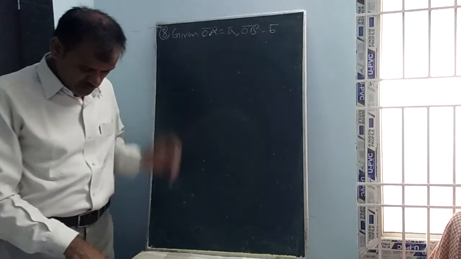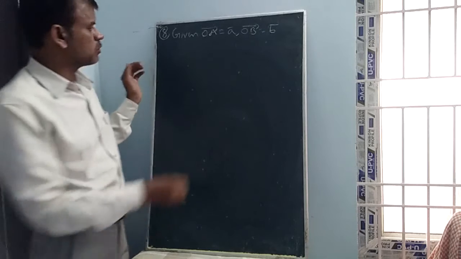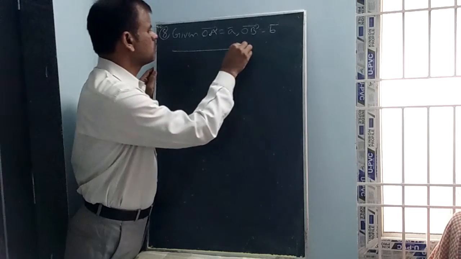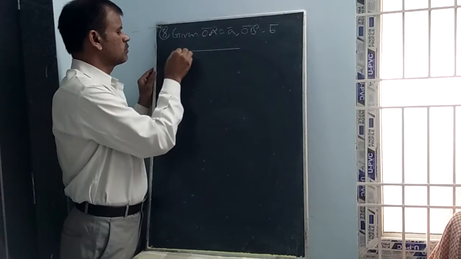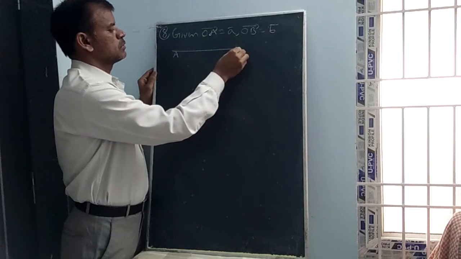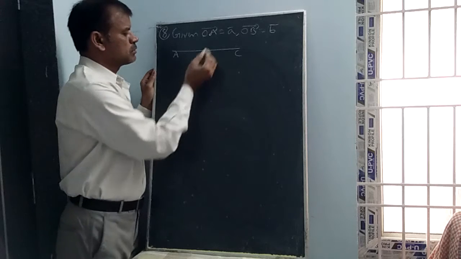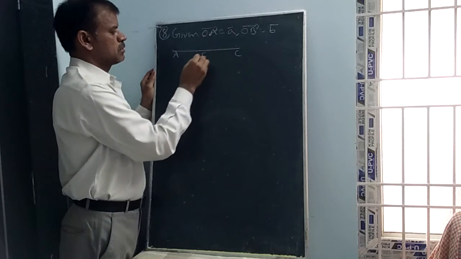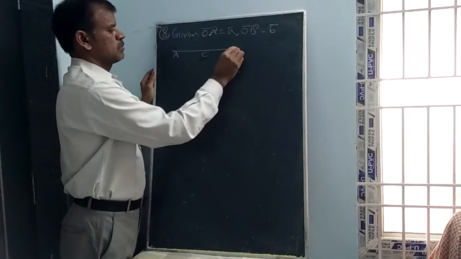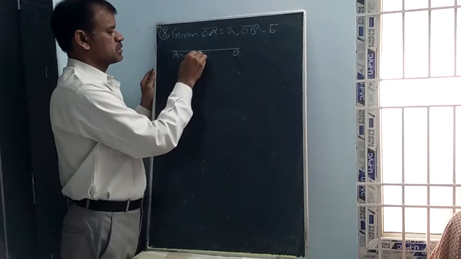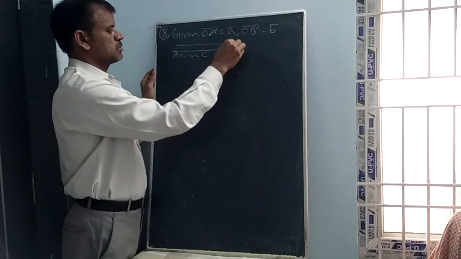He gave the condition that 2AC equal to 0. Like this, this is 2AC.